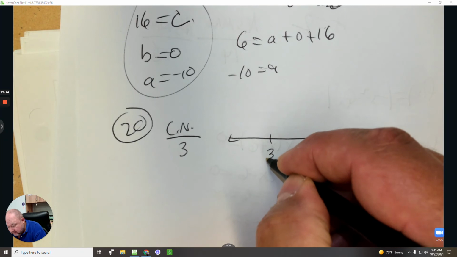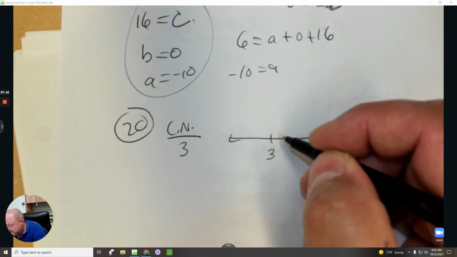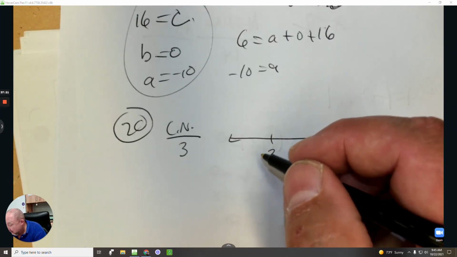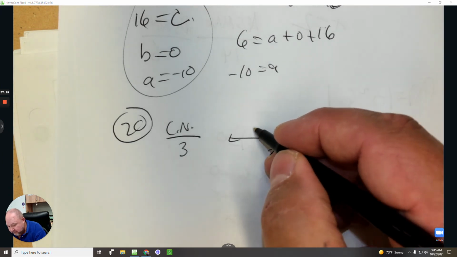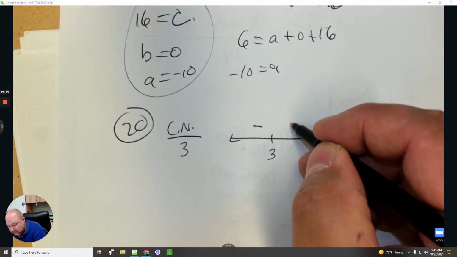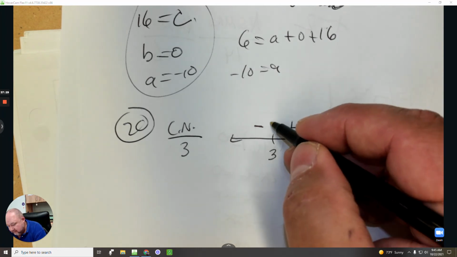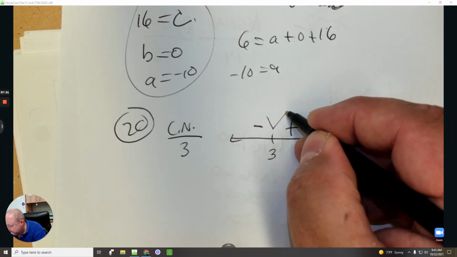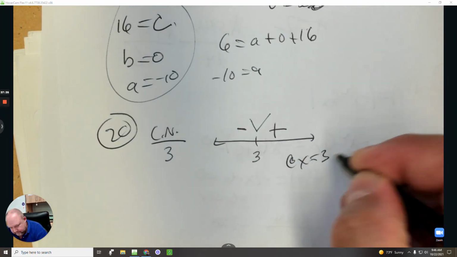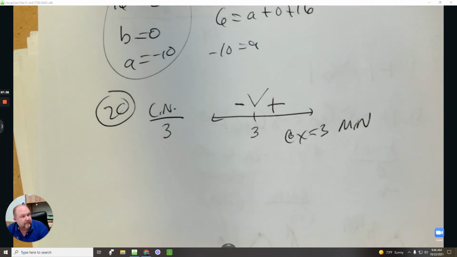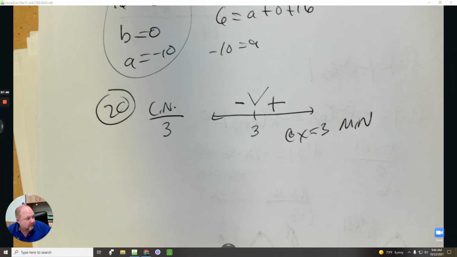If there's a critical number at 3, and the only critical number is at 3, so before, if you plug in 2, you get a negative. If you plug in 4, you get a positive. That would mean that 3 is a minimum, if it's the only critical number.